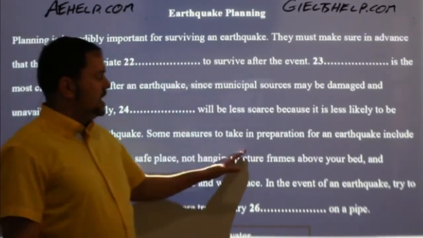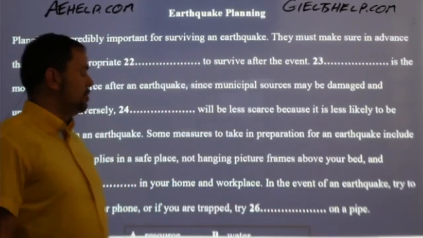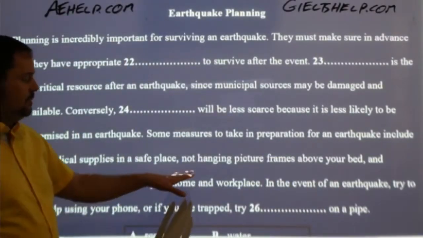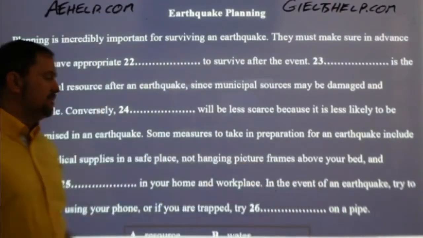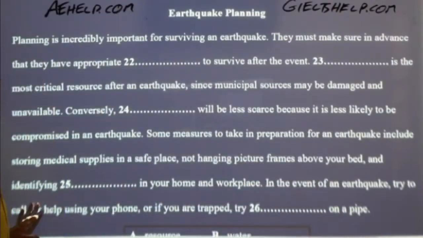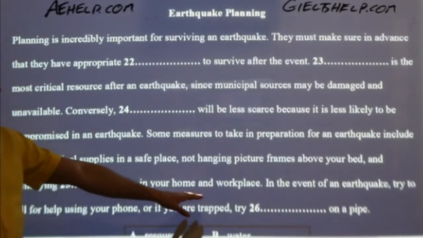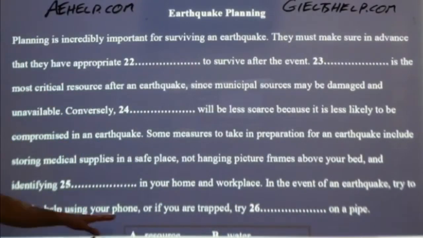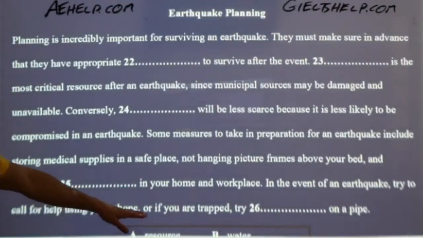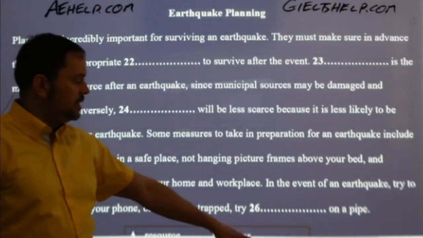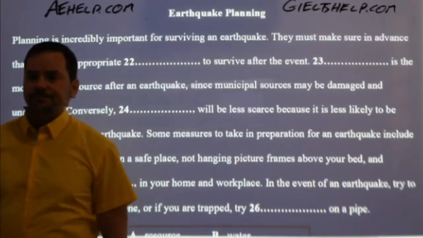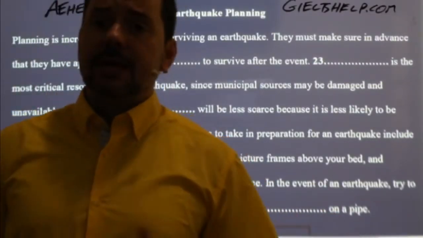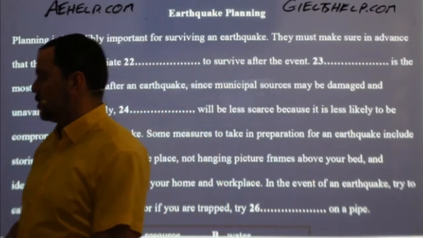Some measures to take in preparation for an earthquake include storing medical supplies in a safe place, not hanging picture frames above your bed, and identifying safe places in your home and workplace. In the event of an earthquake, try to call for help using your phone, or if you are trapped, try tapping on a pipe. So all you do here is you read this summary with the blanks excluded, of course.